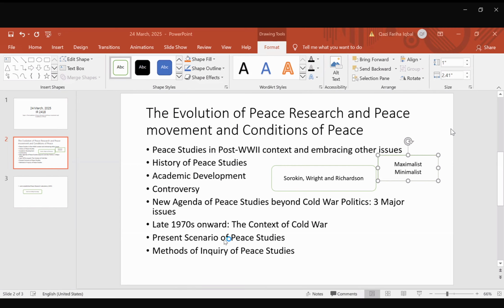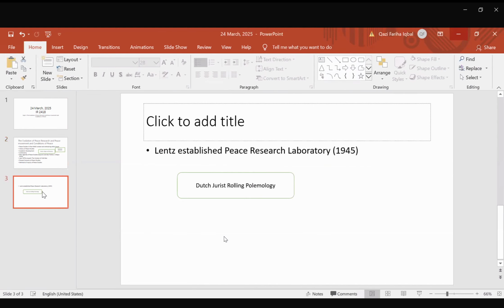Finally, if we look into the methods of inquiry for peace studies, there are 2 methodological approaches that are focused when it comes to the study of peace research. Lens, the name of the author is Lens.